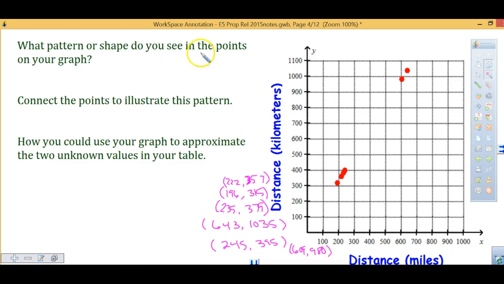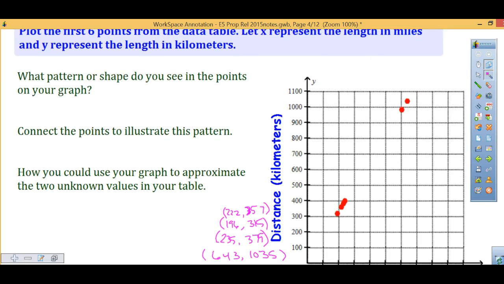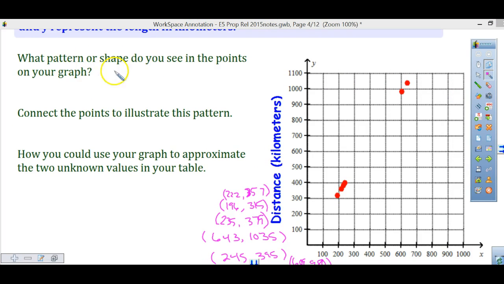One of the first things we see after we've plotted our points is it asks, what's the pattern or shape that we see for these points on our graph? If we think about these, we could almost make a straight line through those points.